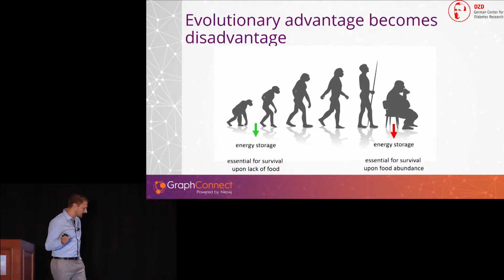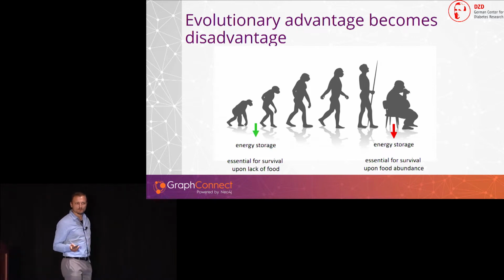Let's start with evolution. In the times of the dinosaurs, when there was no supermarket around, humans had the advantage to store energy when there was food, and they could store this energy as fat for the bad times.